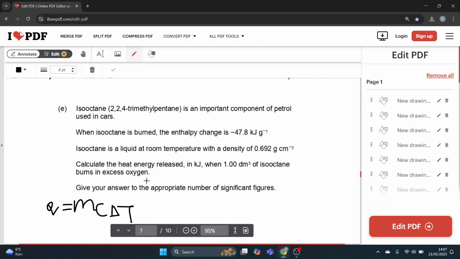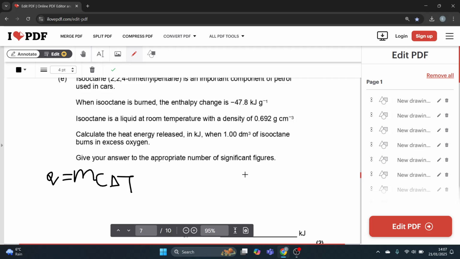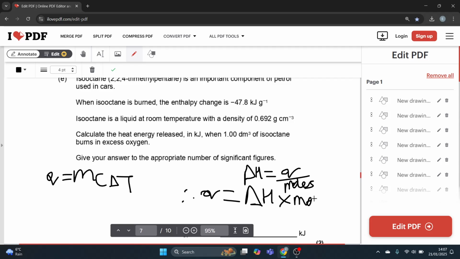No, I don't. But I have enthalpy change, so what I think we're going to have to do is use delta H equals Q divided by moles, and therefore Q equals delta H times moles, and moles is mass over Mr.